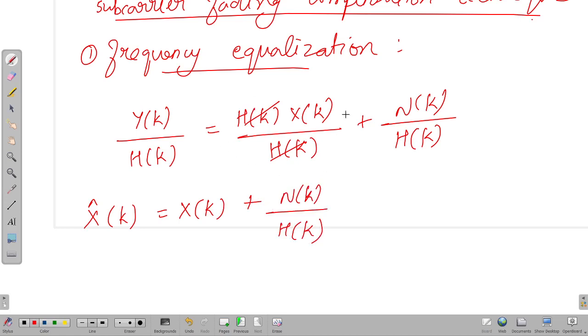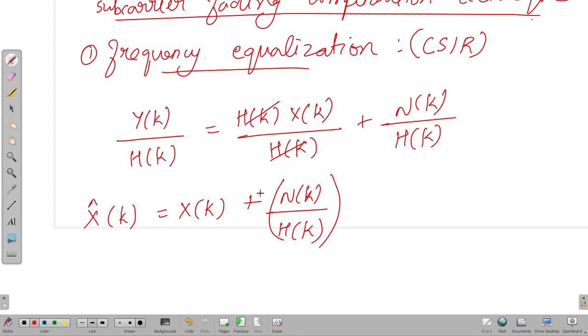And you can very well see that in order to do the frequency equalization, you need to have channel state information at the receiver. Only then can you compute h of k. So you have an estimate of x of k, which is not exactly equal to x of k, but there is an additional term n of k divided by h of k coming into the picture.